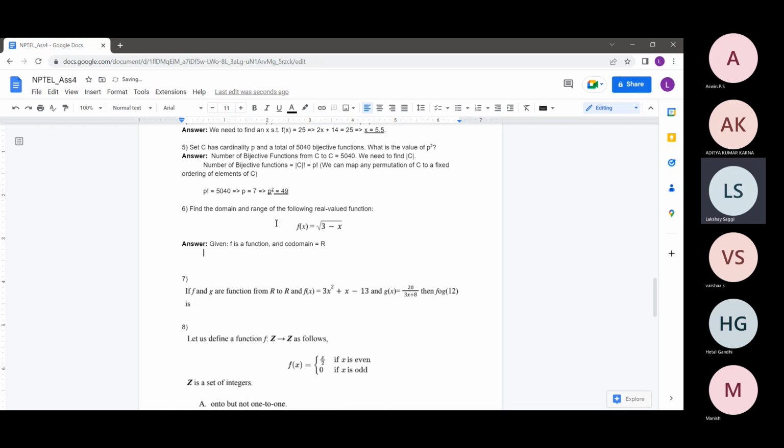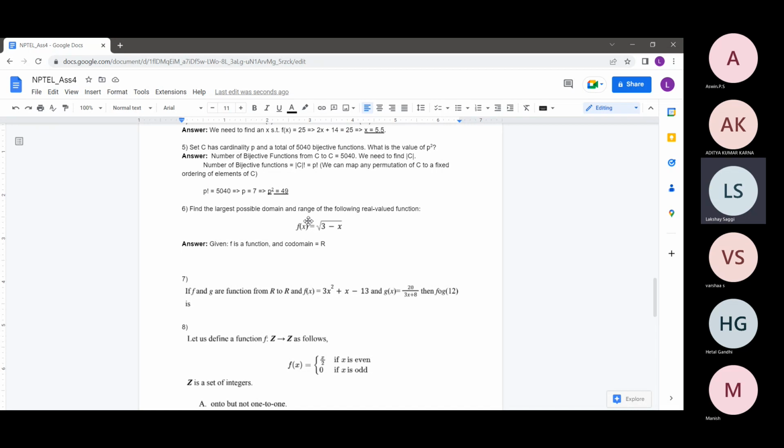So we now need to find the domain as well as the range. Maybe I'll change this to the largest possible domain and range of the following. Why I've changed this is that even if the domain and range set was null, it would also have been fine.